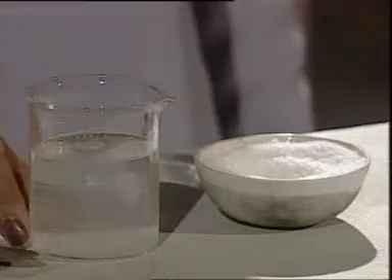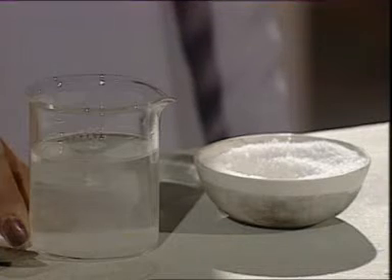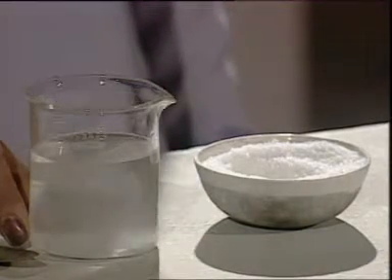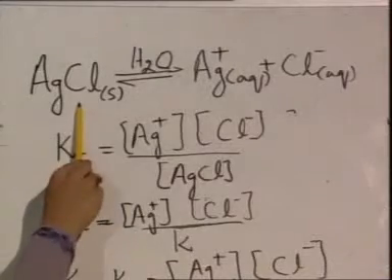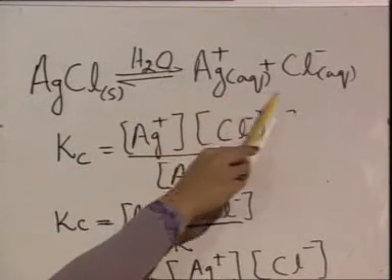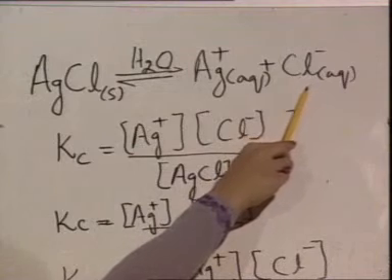And a saturated solution of silver chloride is formed. At this point, silver chloride solid is in equilibrium with its ions. Silver chloride in water ionizes to silver ions and chloride ions.